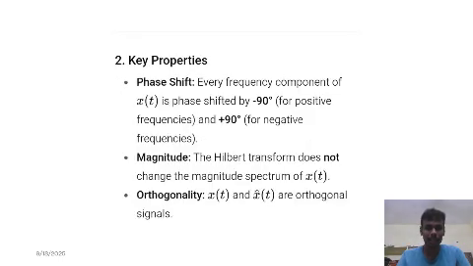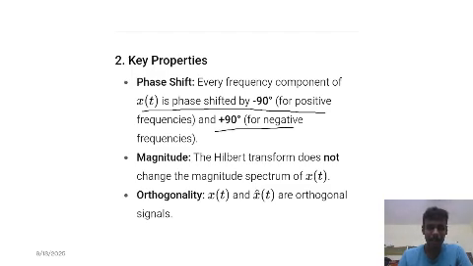So these are some key properties of Hilbert transform. The first property is phase shift. Every frequency component of x of t is shifted by minus 90 degrees for positive frequency and plus 90 degrees for negative frequency.